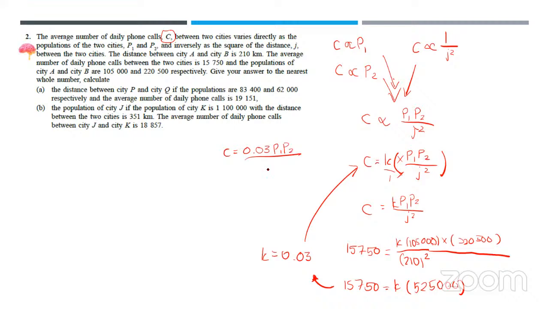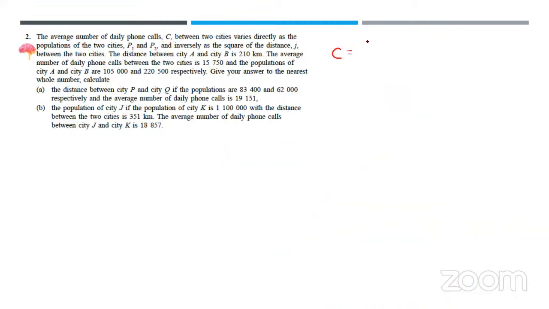So I'm going to clear the board a bit so that I can write that. C is equal to 0.03. Actually, let's write that in fraction form. 0.03 is equal to 3 over 100. So we can write that as C is equal to 3 over 100 multiplied by P1 and P2 over J squared.